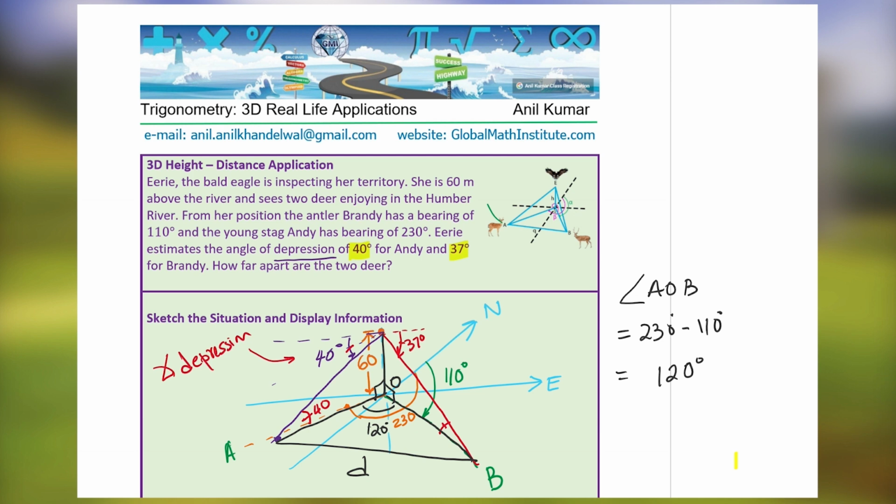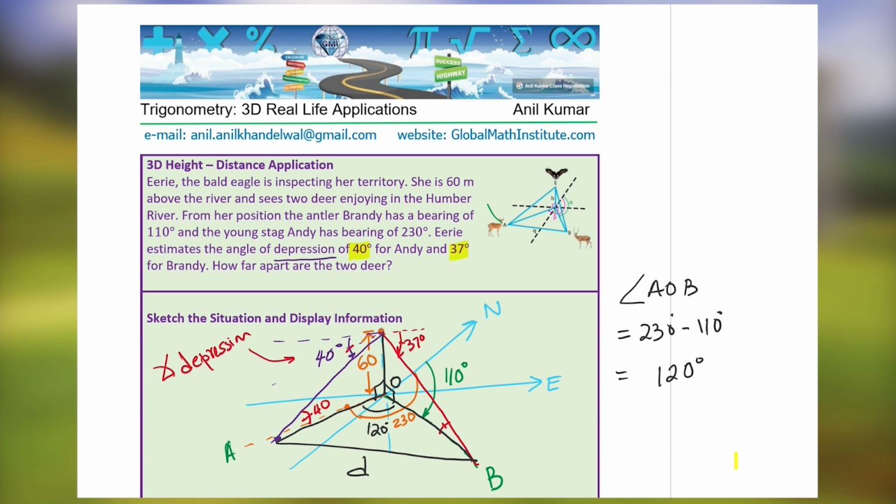So in this particular triangle AOB, we actually only know the angle 120 degrees. How do we find the sides AO and the side OB? Well, we could find this by solving the triangle with AO and the position of the bird, right?